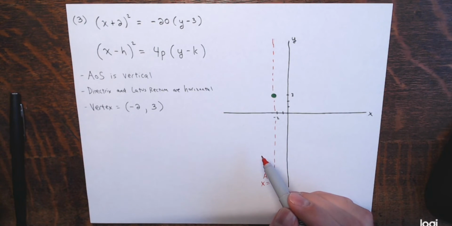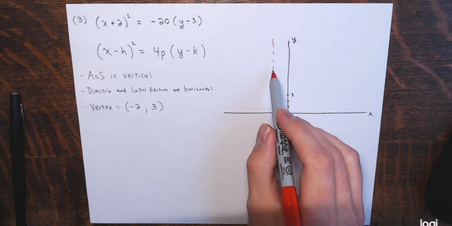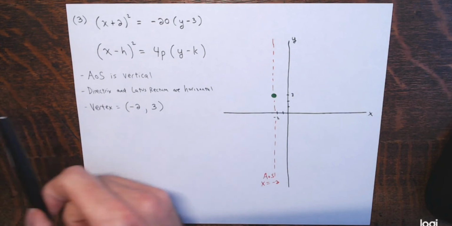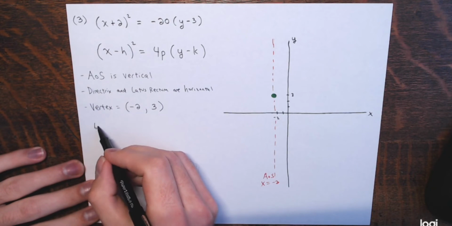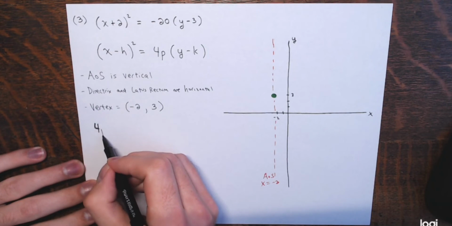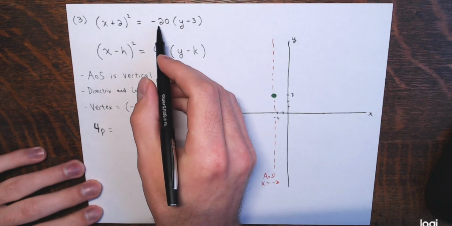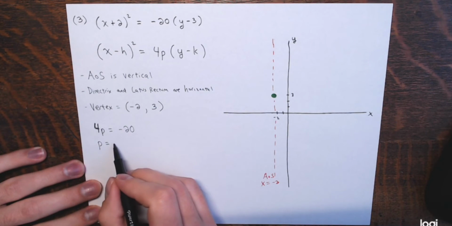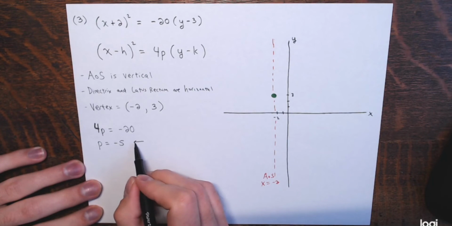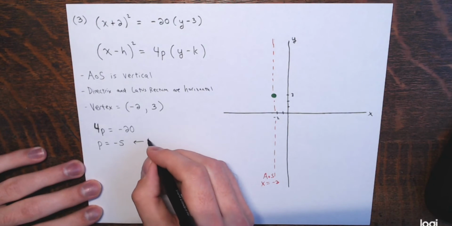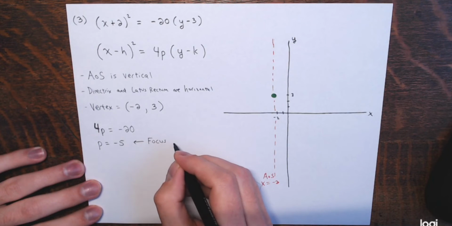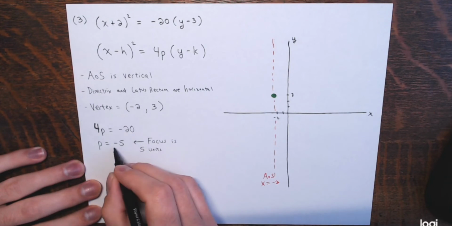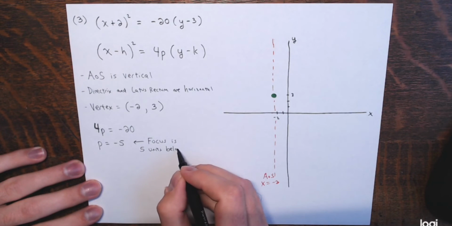If p is positive, the focus will be above the vertex. If p is negative, the focus will be below. So here the 4p is -20. Right, so the value of p is -5. And again, this tells me that the focus of this parabola is 5 units below the vertex.